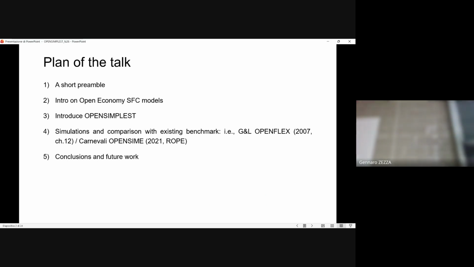I'll be carrying out simulation and comparison of my model with respect to the other two benchmarks in the literature, which are chapter 12 of Godley-Lavoie, the open flex model, and a simplification of the model that came out in the Review of Political Economy in 2021, which is designed by Emilio Carnevale. And then I will give you some conclusions and the future steps that I'm thinking about doing on this little project of mine.